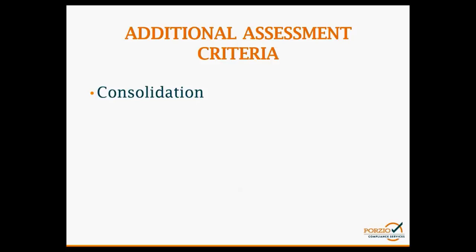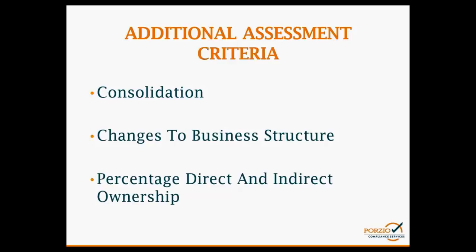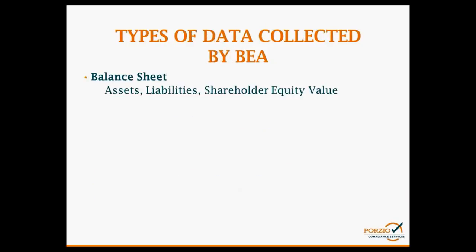So in terms of additional assessment criteria that are significant, one driver is going to be consolidation rules with respect to your financial statements. Another is potential changes to your business structure. And finally, another driver is the percentage of your direct and indirect ownership based on your corporate organization.